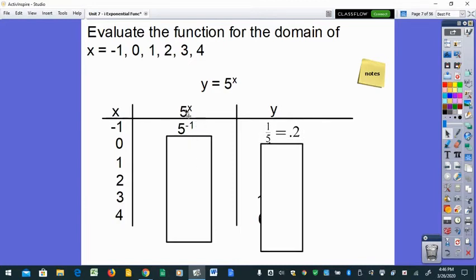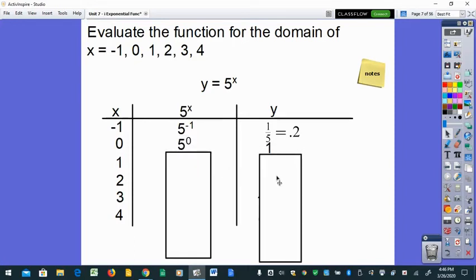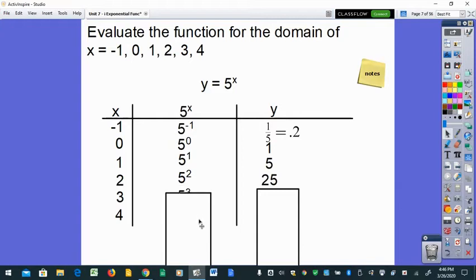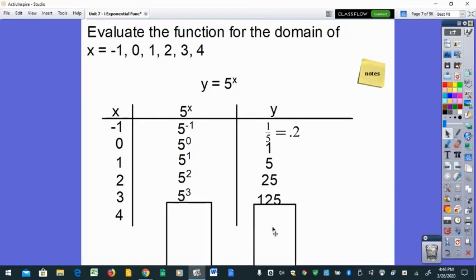The next one, if we put in 0, 5 to the 0, anything to the 0 power is 1. And then if we put in 5 with an exponent of 1, 5 to the first would be 5. And then it kind of gets easier from here. 5 squared would be 25. 5 to the third would be 125.